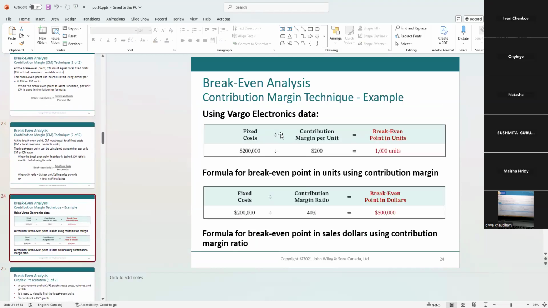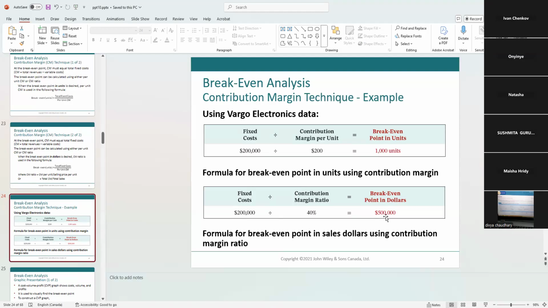So in this case, if I want the answer in dollar amount, I need the contribution margin ratio. If I have to calculate it, fixed cost is 200,000 divided by 200 contribution margin per unit, which gives me 1,000 units. And those are the units that I need to sell.